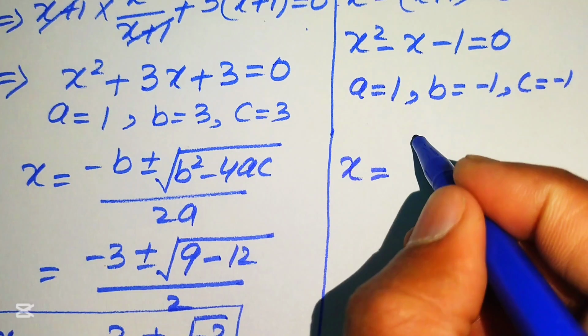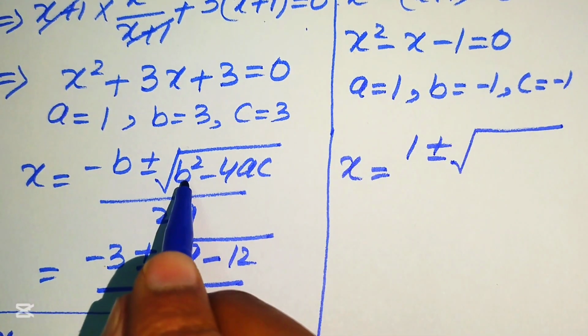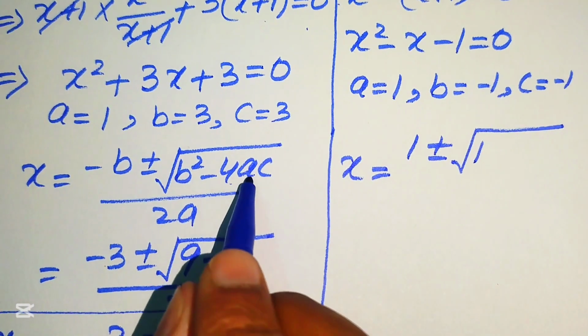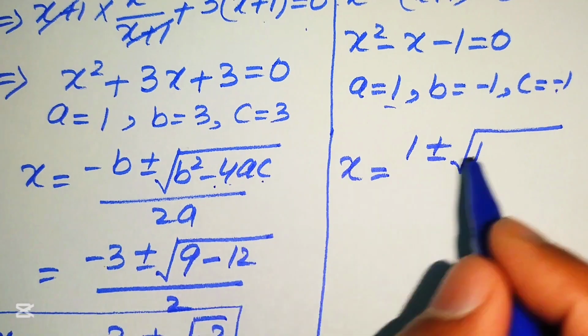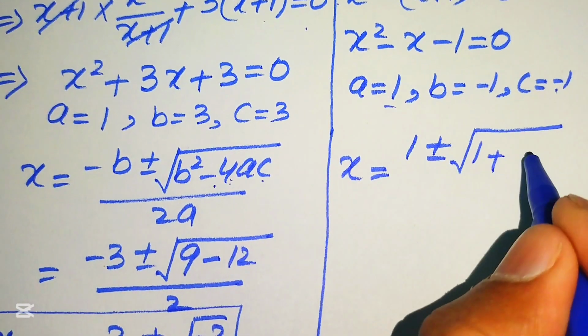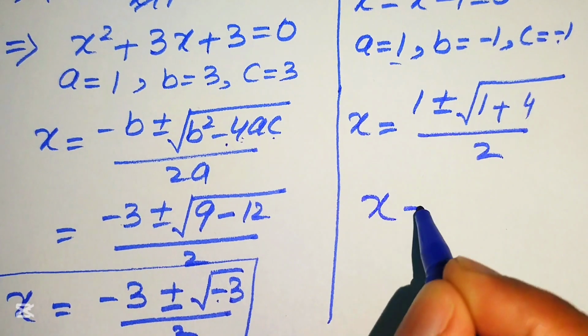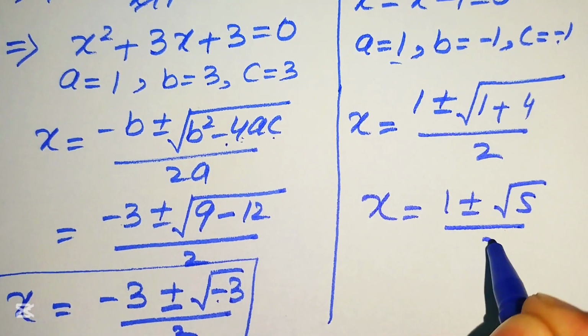This is minus times minus becomes plus 1, and plus minus square root of b square. b is minus 1, squared becomes plus 1. 4 times ac, a is 1 and c is minus 1. So this is minus times minus becomes plus, 4 times 1 becomes 4, and it is divided by 2. So you get x equals to 1 plus minus square root of 5 divided by 2.